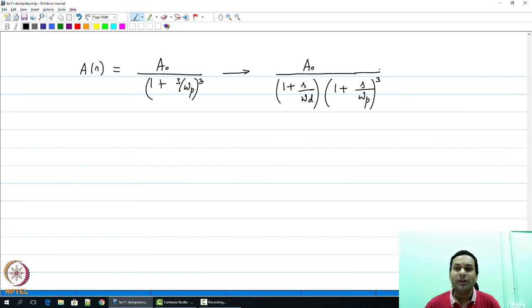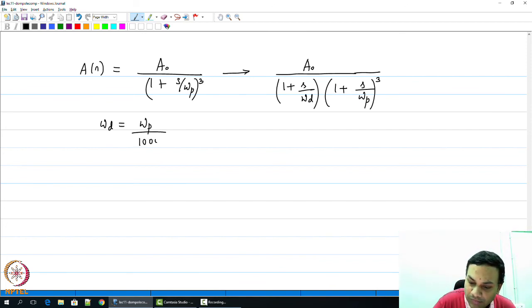And what I am going to say is, let us try placing omega d much smaller than omega p. So let us say omega d is going to be 1,000th of omega p. Let us say I am going to add a dominant pole which is at 1,000th the frequency of the original 3 poles. So now what is going to happen?